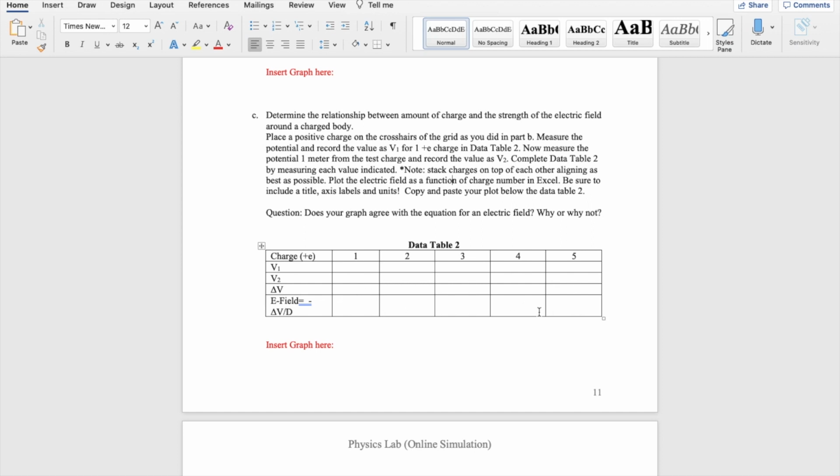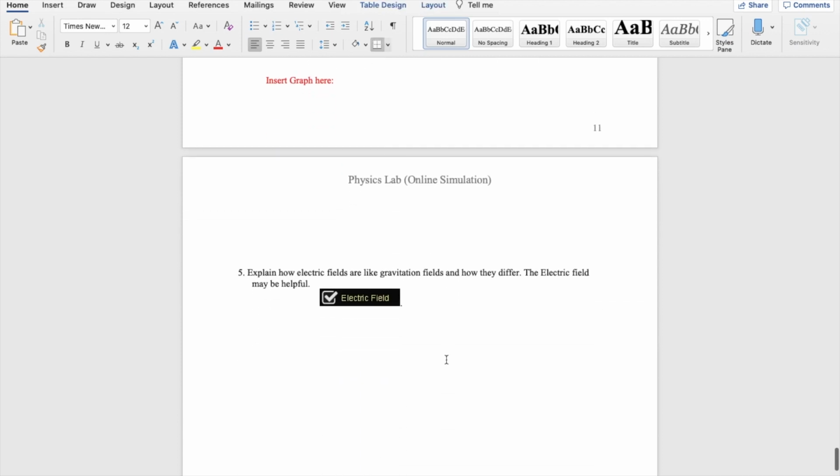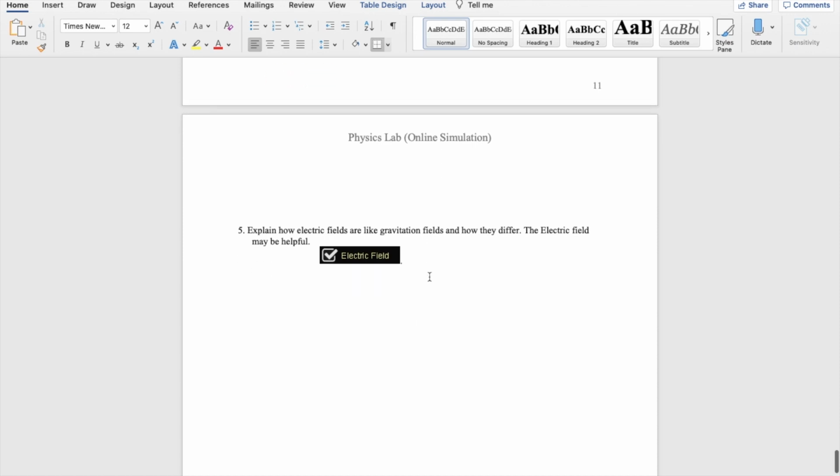The graph will tell you if the electric field is decreasing or increasing with the additional number of charges. You go back to your equation and see how electric field is related to the magnitude of the charge. And here, this is a more conceptual question I explained in the theory before.